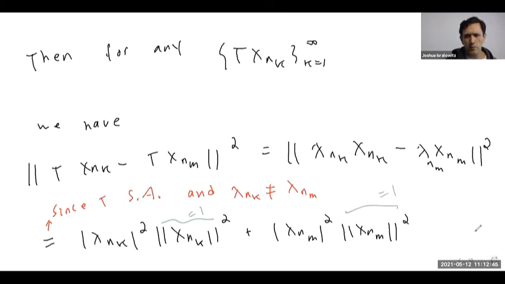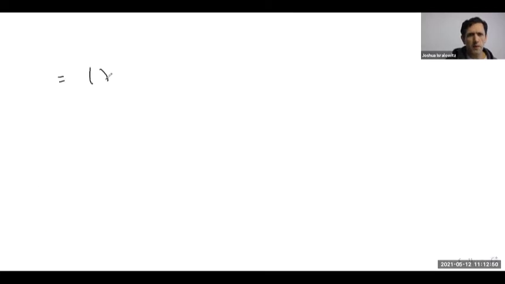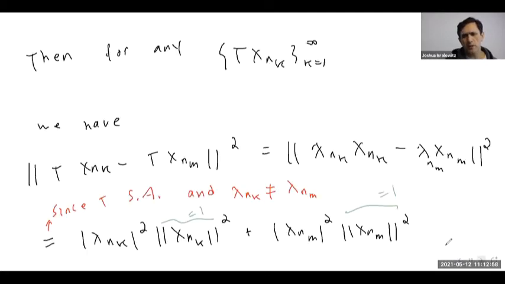So this is going to be equal to lambda_{n_k} squared plus lambda_{n_m} squared. Well, the modulus is really not needed because T is self-adjoint, so the eigenvalues are real.